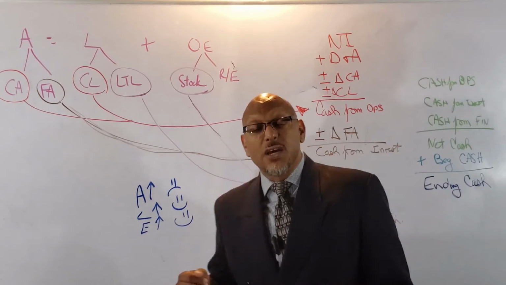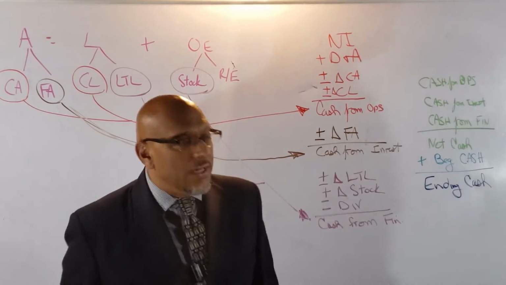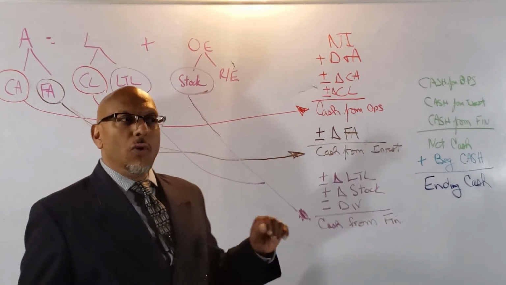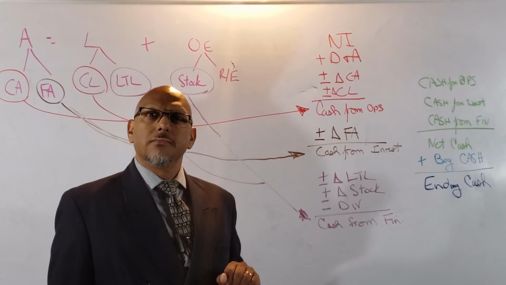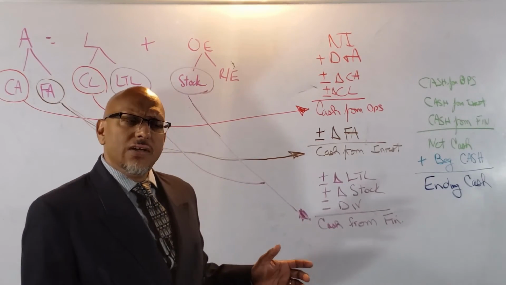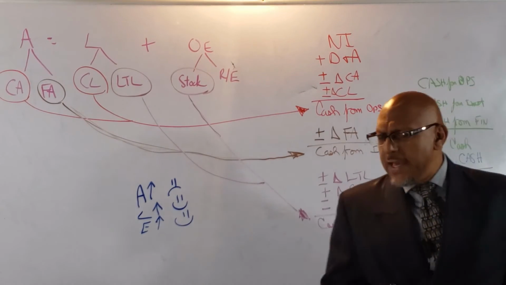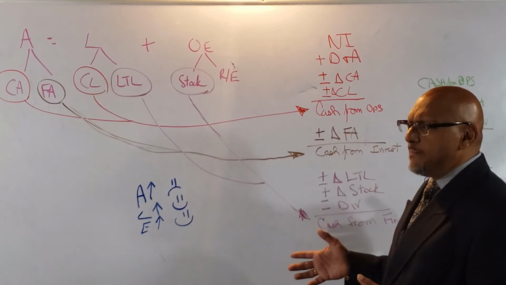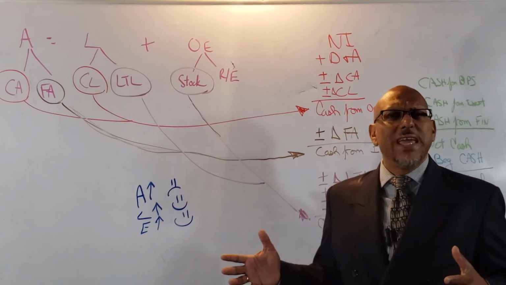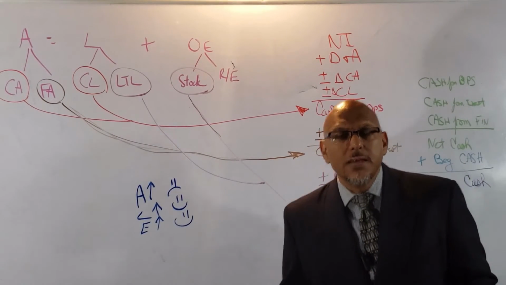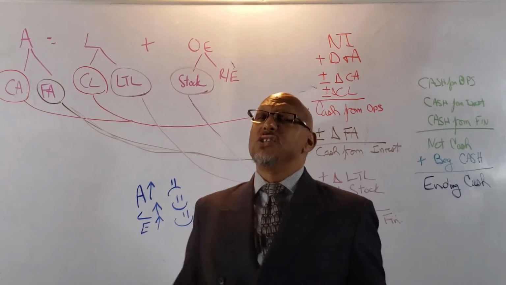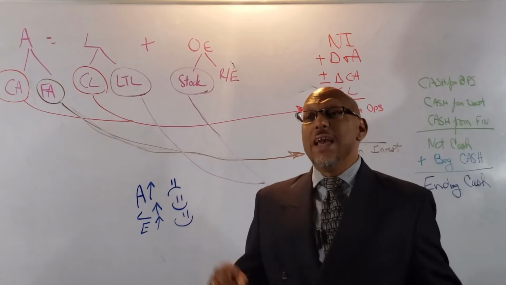When liabilities go up, if you owe somebody money and don't pay them, where's the cash? What happened to it? It's still in your pocket. And if it's still in your pocket, that's cash you have. You could go do something else with it and not pay that.